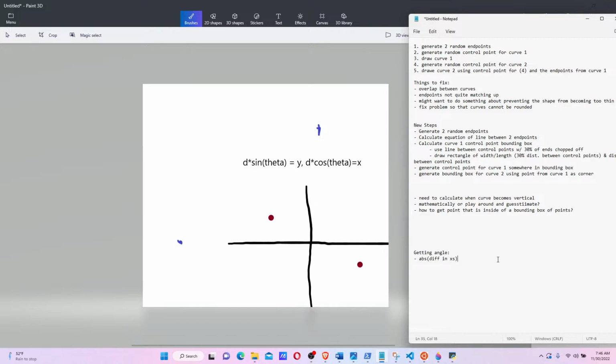So you get the absolute values and the difference in the x's. Then if you do smaller y minus a bigger y, then it will be up there. But if you do bigger y minus a smaller y, then it will be positive. So it should be the negative of the difference in the y's.